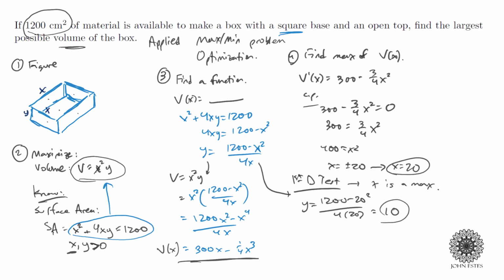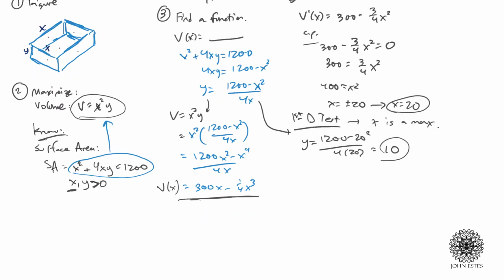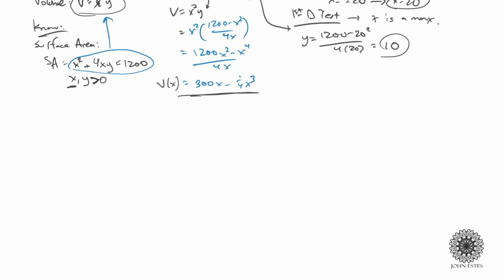Okay, now, for the last stage of this, I think we should always clarify what we're saying with a statement. Okay, so I'll call this part 5, and part 5 is a summary.